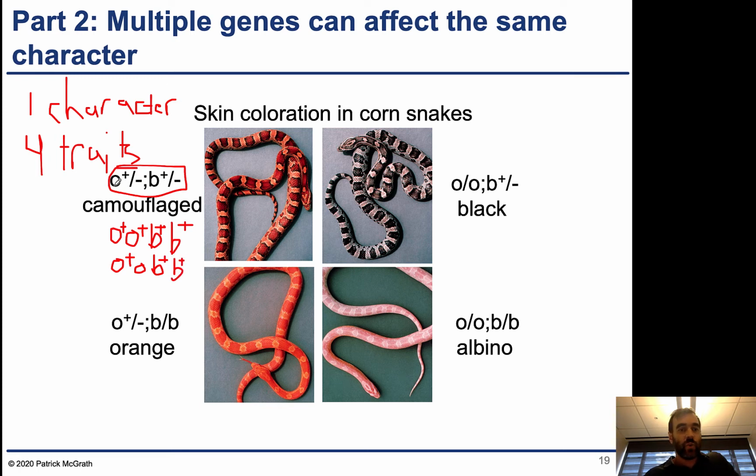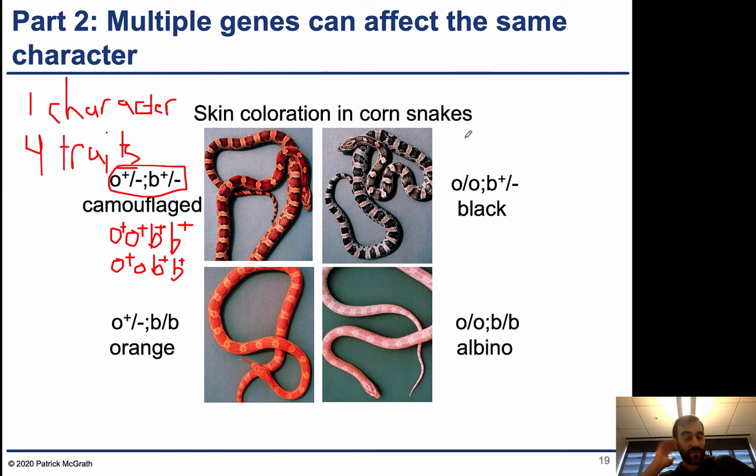As long as there's 1 O plus allele, it doesn't matter what that second allele is. It can either be O plus or O plus O. And the same is true with this one right here. So there's actually 4 different genotype combinations that lead to this camouflage color. And I'll leave it to you to work out the other 2.